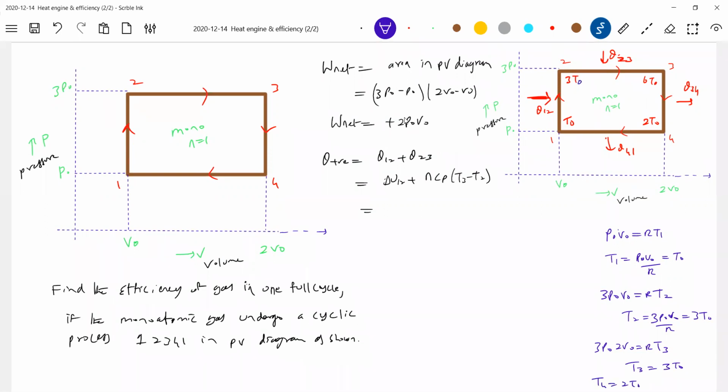Okay, let's go for delta U. Delta U is n Cv (T2 minus T1) plus n Cp (T3 minus T2). Number of moles 1, monoatomic gas Cv is 3R by 2, with T2 being 3T naught minus T naught.